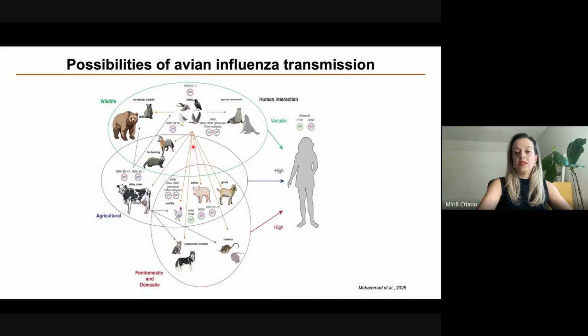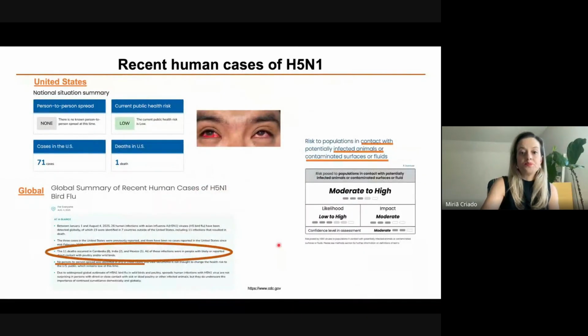We have been seeing that contact with humans is increasing. Although it's variable between wildlife, you have a high risk of interaction of humans via agriculture and peridomestic and domestic animals, increasing the possibility of this avian influenza, which before was really rare to transmit to humans, being able to infect and sometimes cause disease.